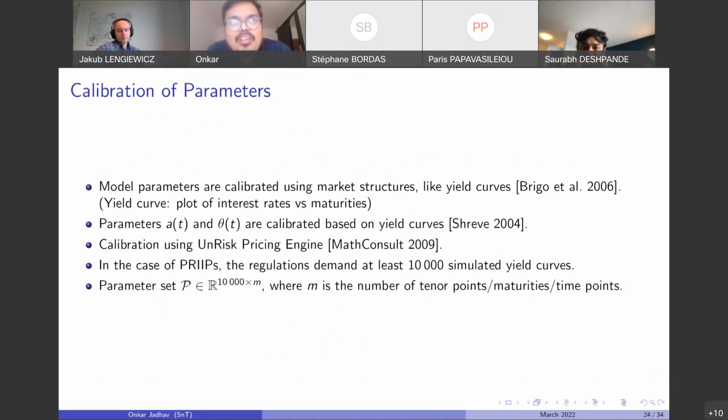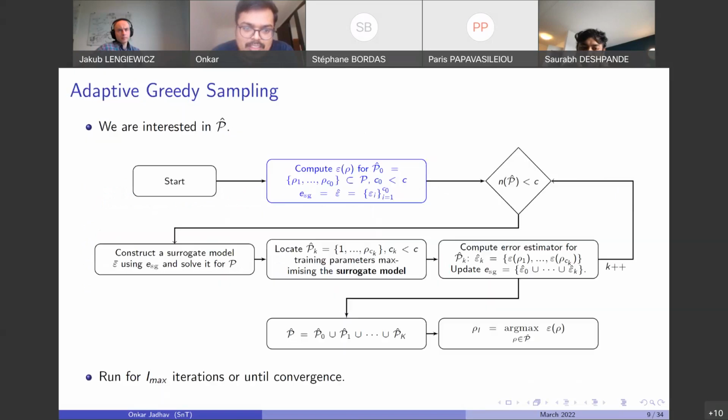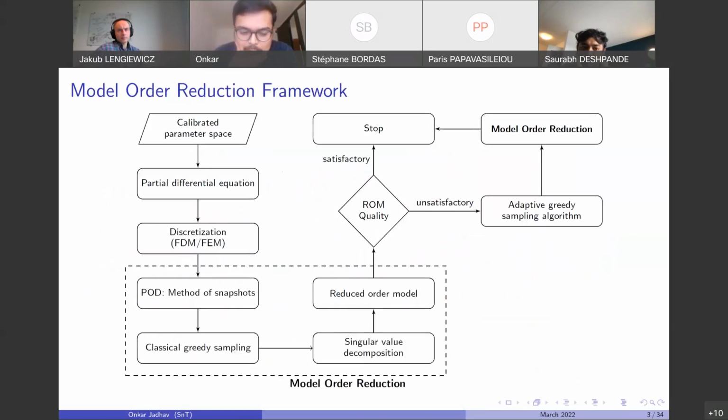Okay, so you got some things right. So what I'm doing is, okay, let me show you the framework. I don't know how much you know about the proper orthogonal decomposition approach. What it does is that once you discretize your model, you get some ODE or some linear system of equations, right?